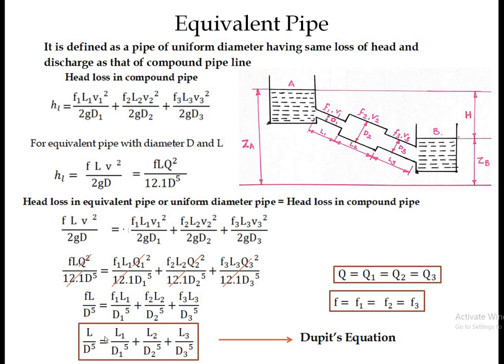For that length L, if the dimensions of the compound pipe, that is L1, D1, L2, D2, L3, D3, are known, then from this equation we can find the diameter of the equivalent uniform pipe using Dupuit's equation. So this is about the equivalent pipe when the pipes are connected in series.